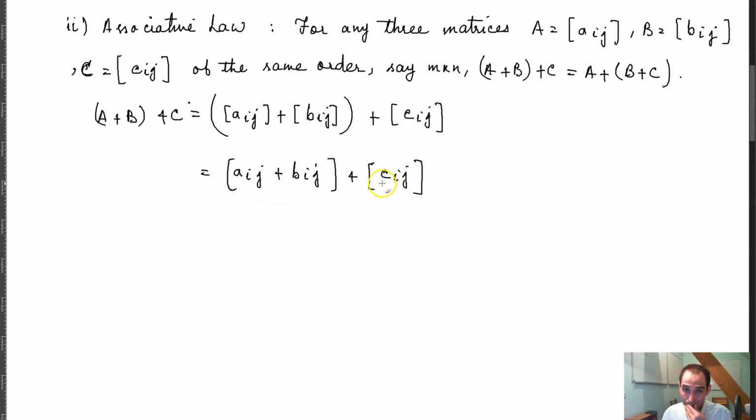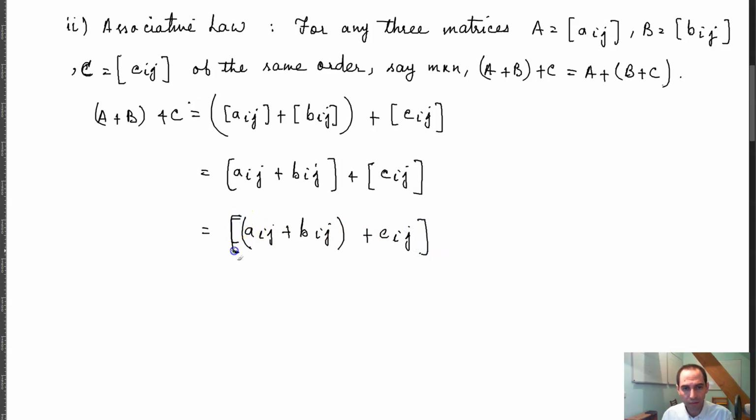Then of course, you can add the three matrices together, meaning that you can write these two matrices as one matrix, A of ij plus B of ij plus C of ij, right?